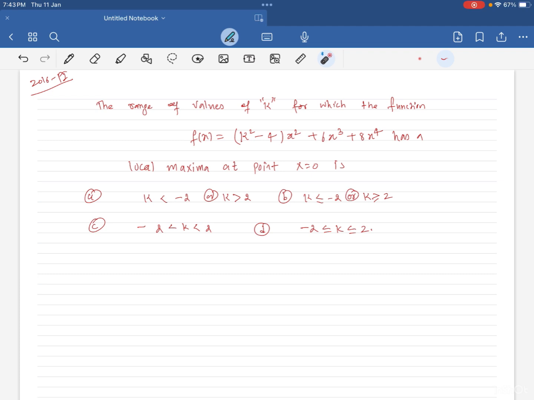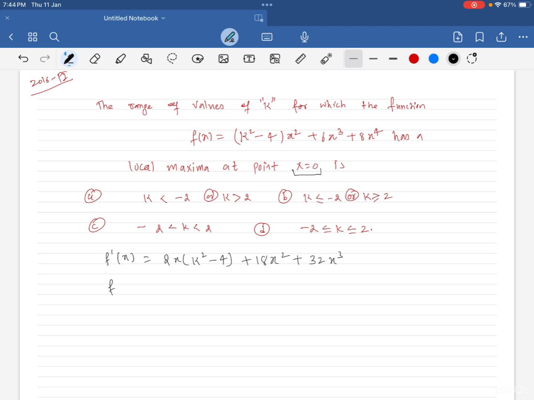So what you can do simply, first of all, you will have to find the derivative of this function and then the double derivative. Since this point is the point of maxima, the double derivative at x equals 0 would be less than 0, then you will have the value of k, right? So let's first find the first derivative, that will be 2x(k² − 4) + 18x² + 32x³, right?